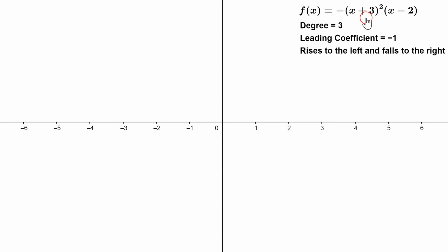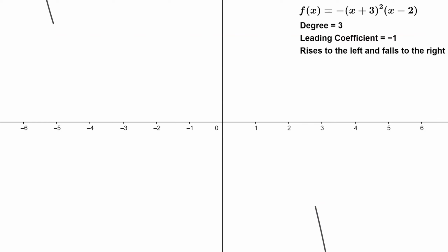So I've rewritten my function up here. We already found the degree was 3, the leading coefficient was negative 1, which meant the graph rises to the left and falls to the right. So that's where we start with sketching. So here I have the part that rises to the left and falls to the right.